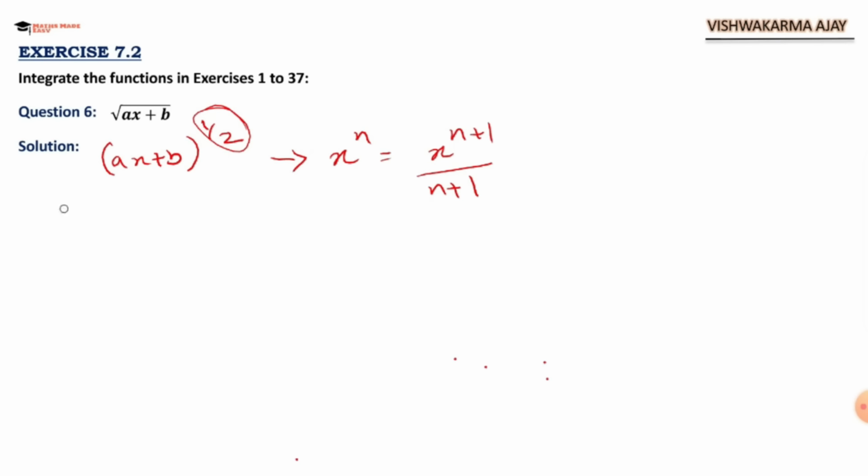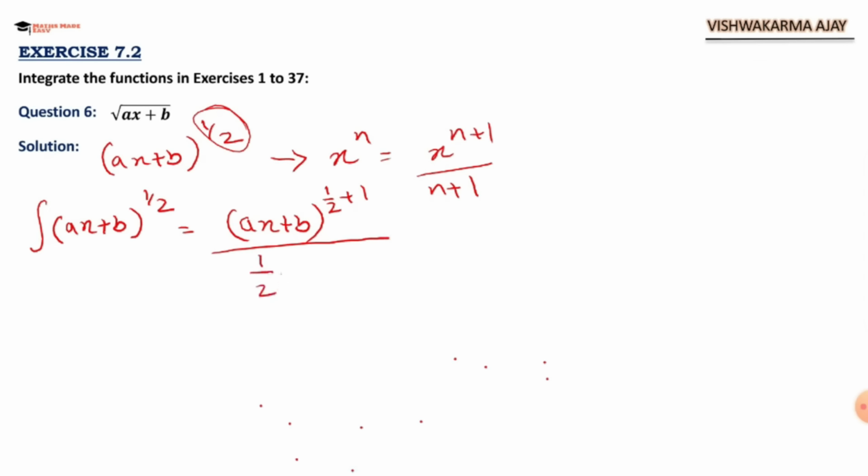So in this case, our answer is integration of ax plus b raised to 1 by 2, which can be written as ax plus b power 1 by 2 plus 1, over 1 by 2 plus 1, and then the whole divided by the derivative of ax plus b, plus c. The derivative of ax plus b is going to give me only a.